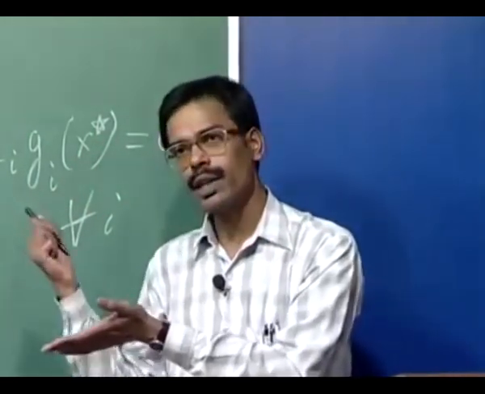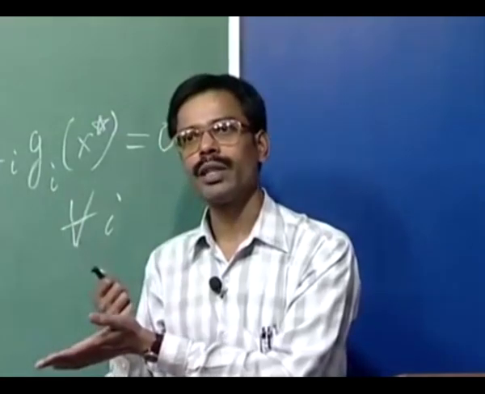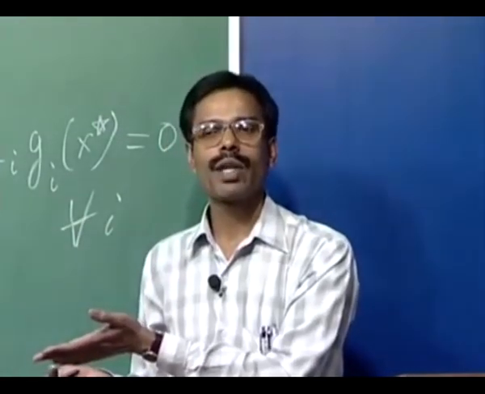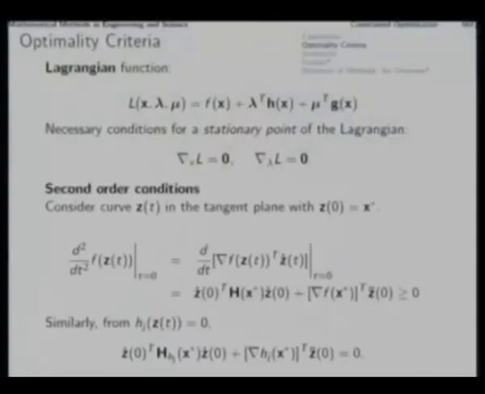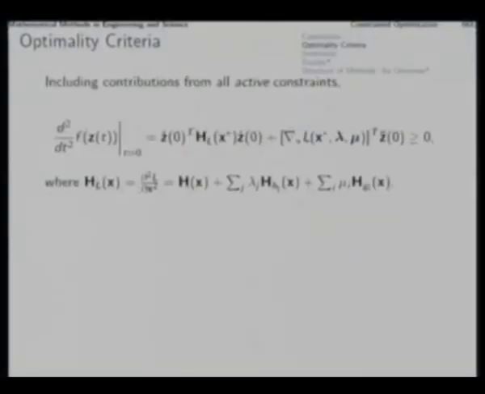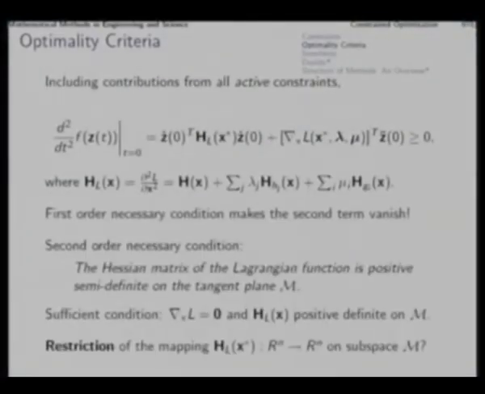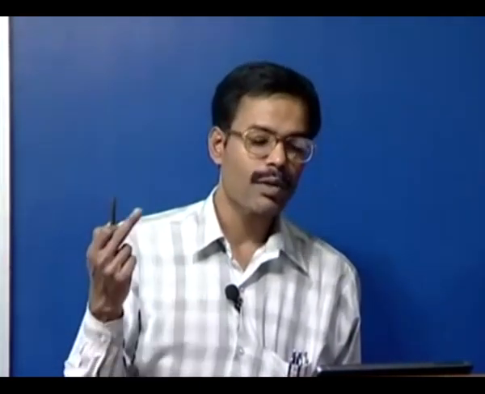Outside the tangent plane, that is normal to the tangent plane, even if it displays a negative eigenvalue, that does not harm. So the condition is that the Hessian matrix of the Lagrangian function is positive semi definite on the tangent plane M. Orthogonal to the tangent plane, even if it behaves with an indefiniteness, it does not matter.